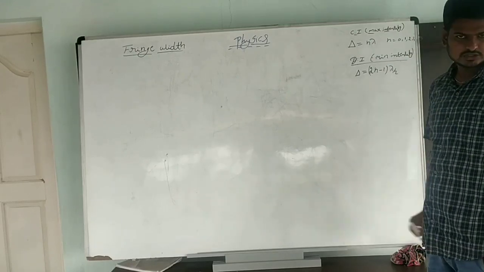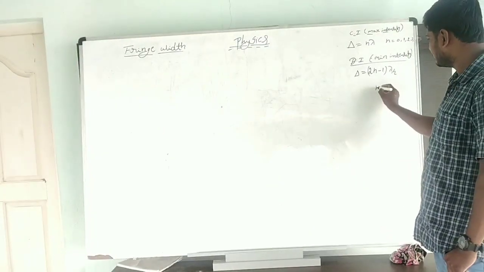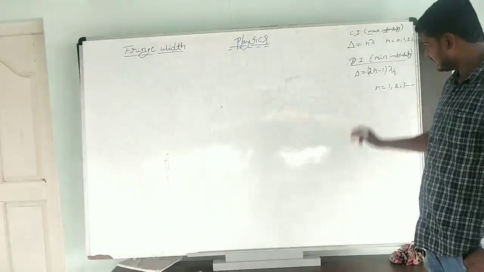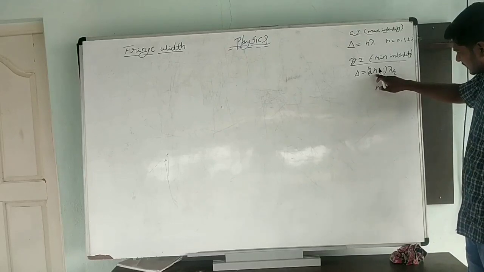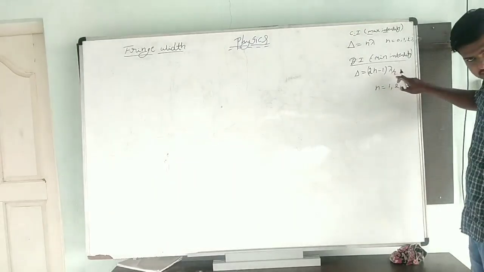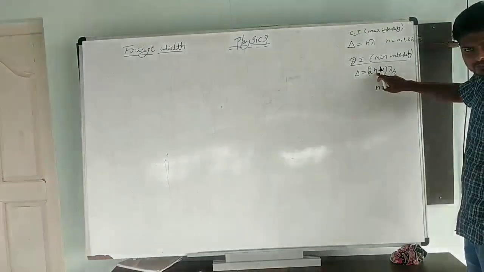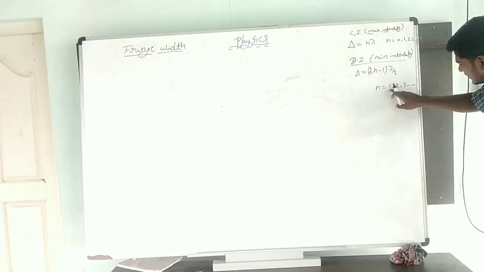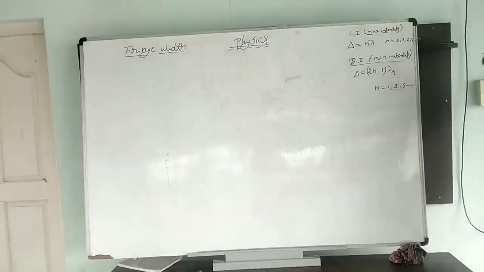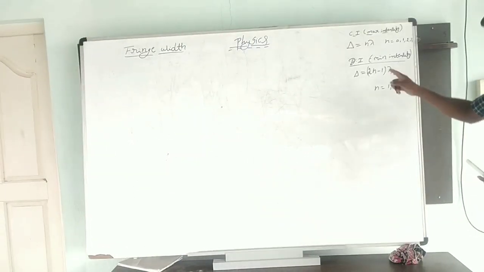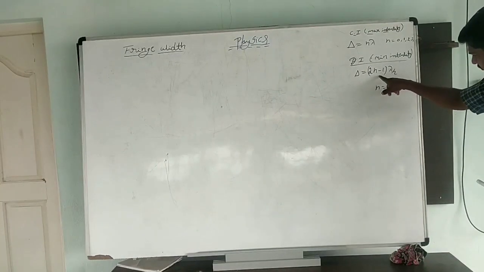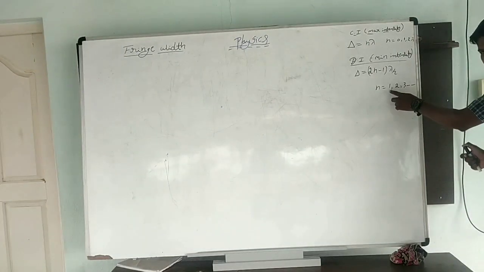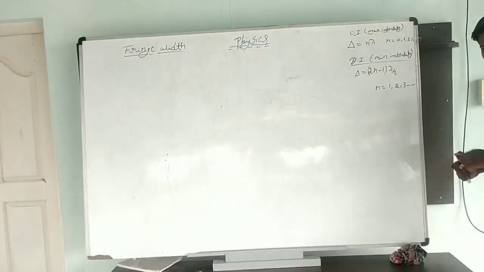Here n varies from 1, 2, 3, etc. Or we can also take (2n plus 1) times lambda by 2. When we take 2n plus 1, n varies from 0, 1, 2, 3, etc. When we take 2n minus 1, n varies from 1, 2, 3, etc.